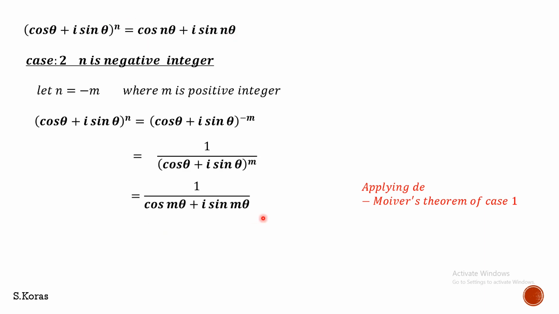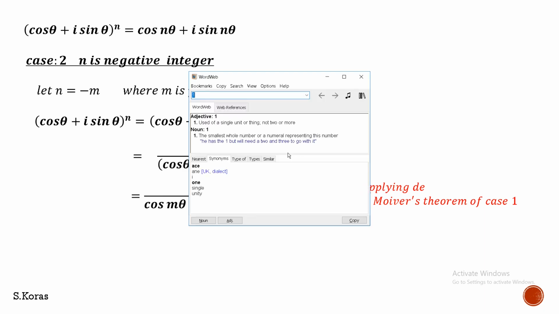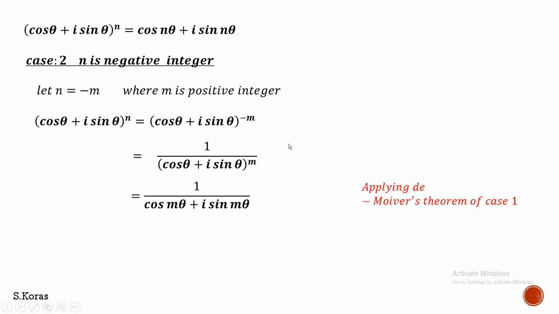But this is quite okay, but we should not have any i in the denominator. For that, we have to multiply the numerator and denominator by its conjugate. The conjugate of cos m theta plus i sin m theta is nothing but cos m theta minus i sin m theta, right? 1 into this, we'll get the same answer.